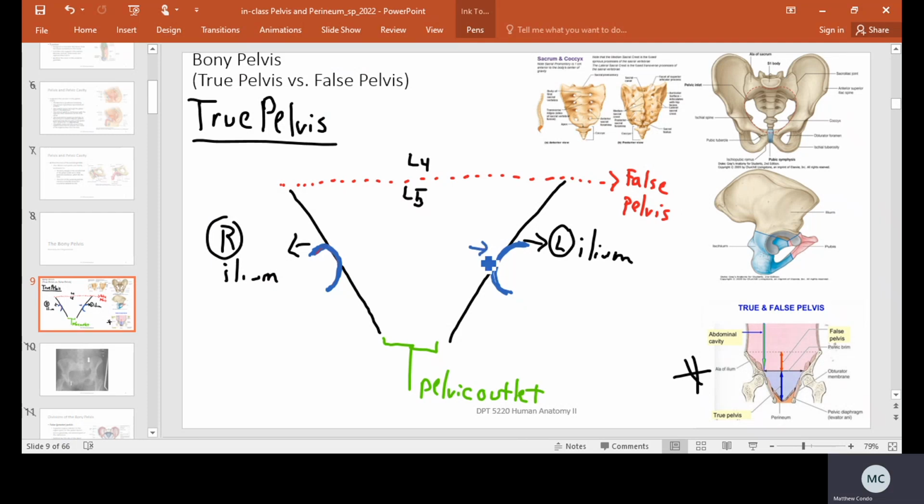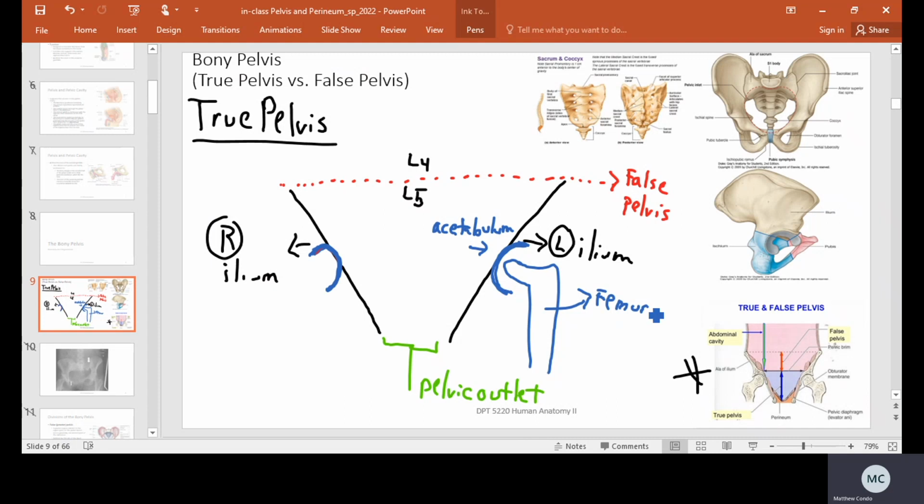These little half moon circles are something called the acetabulum. My hip then is going to be the articulation between the acetabulum and the femur.